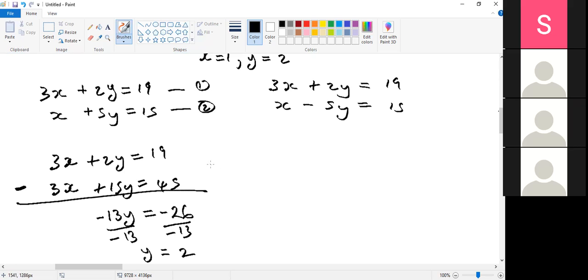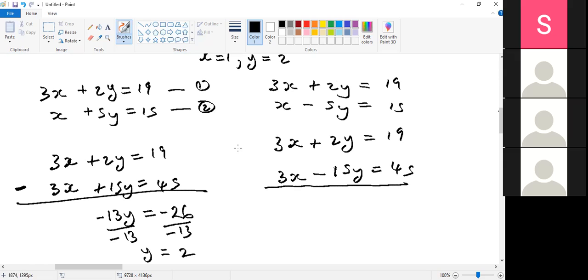That's cool. Now, suppose the question was like this, and I do the same thing where the top one remains the same, and then I do the same thing here, 3x. So I multiply by 3. This will become 15y, and then this is 45. Now, this is an issue that I find happens to a lot of people.